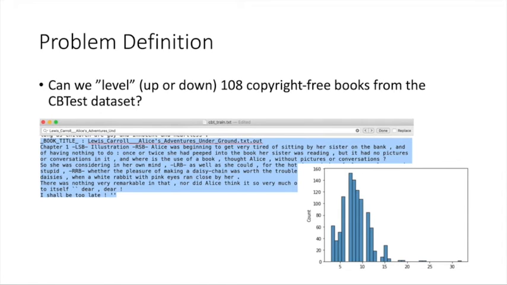When I boil the problem definition down to what I actually did this semester, it becomes selecting 108 copyright-free books from the CBT dataset, which is a dataset used in one of the Facebook studies from 2017. You can see the excerpt of a portion of this dataset in the screenshot. In this particular case, Lewis Carroll's Alice's Adventures Underground is highlighted.